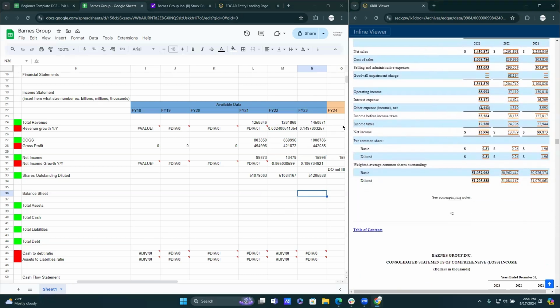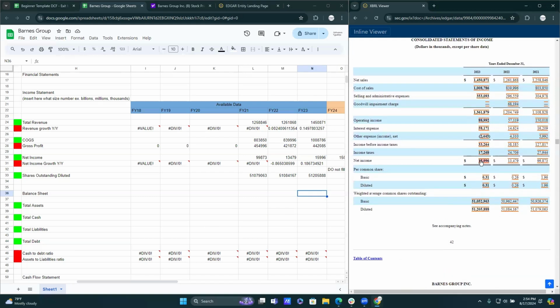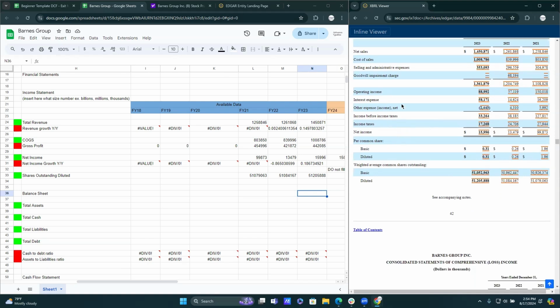Moving down, finally we have net income. Operating income is a little similar to EBIT, earnings before interest and taxes, if you guys use those abbreviations.